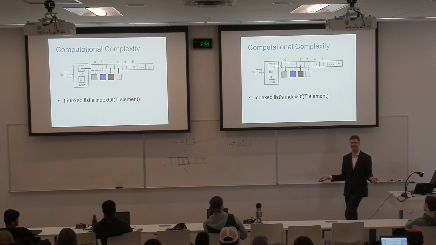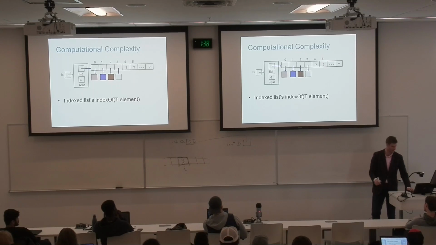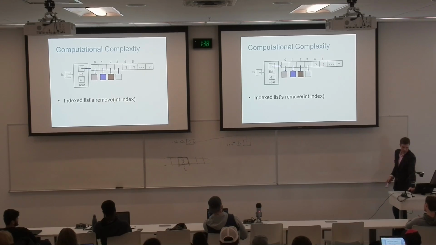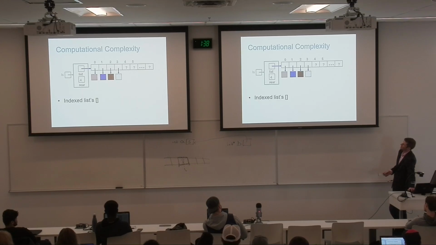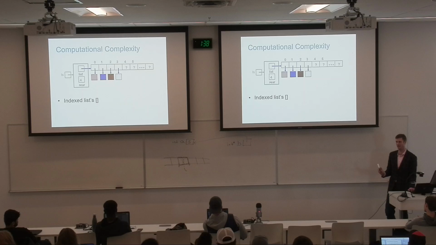So what is it? N. Why? We need to search for the element. We gotta search for it, right. Index list remove something at a given index. Why? Shift. Index lists this operator thing. Yeah, we're just getting something.